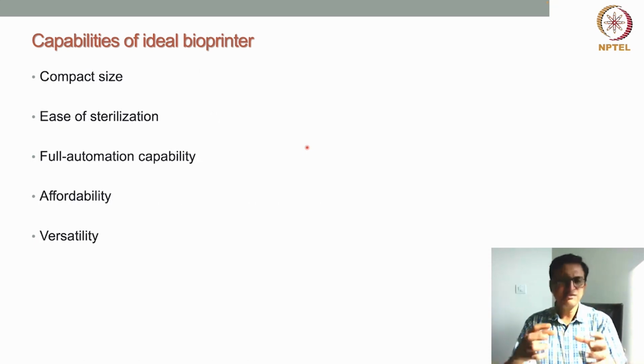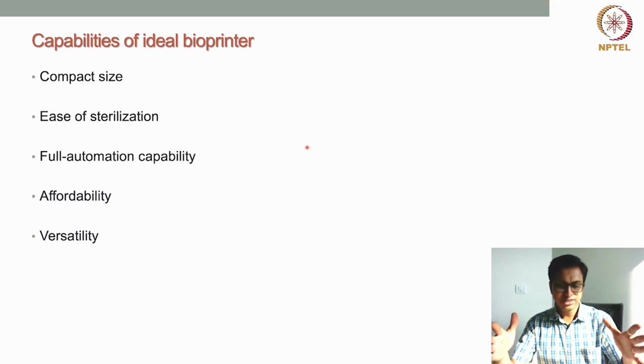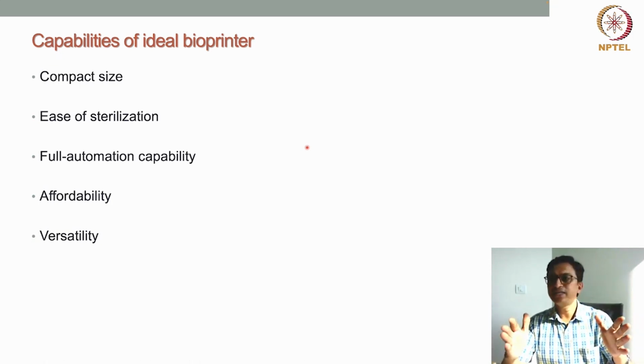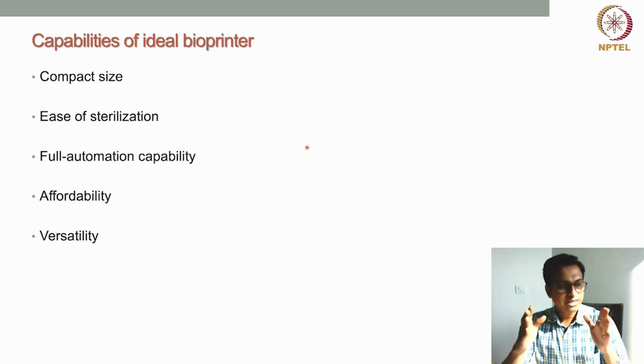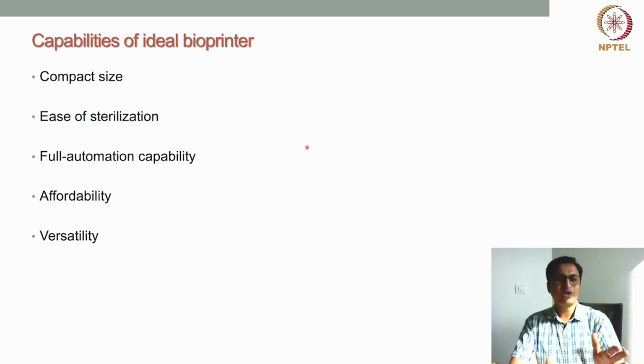Why? Because if I use a bioprinter and the size is huge, then I cannot keep that inside a sterile room. For clinical translation, it is required that the bioprinter should be kept inside a clean room facility or GMP facility, right?